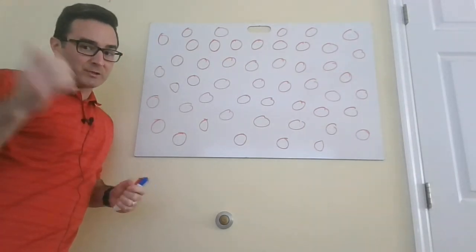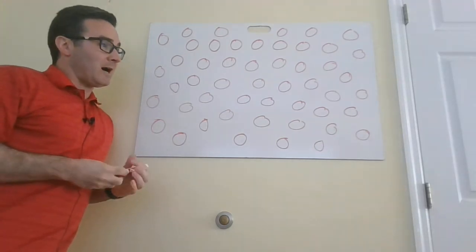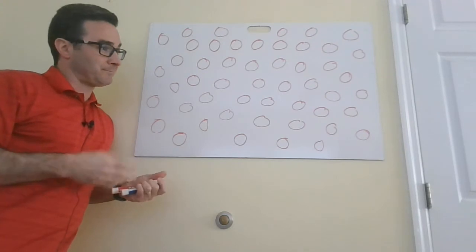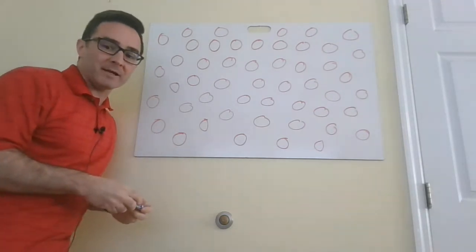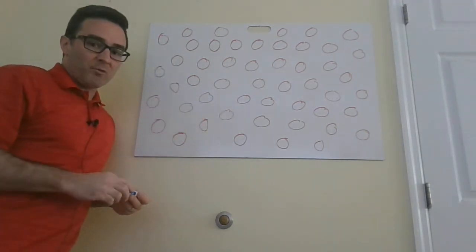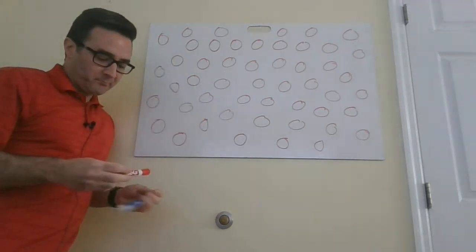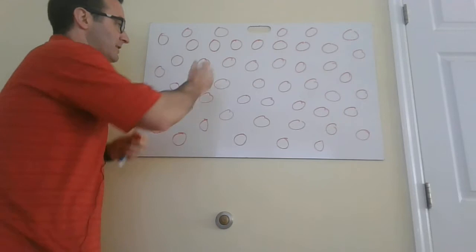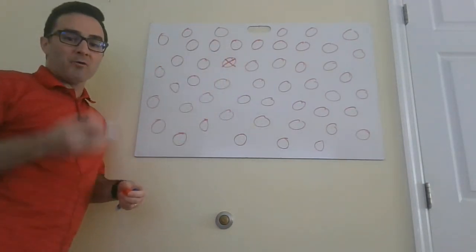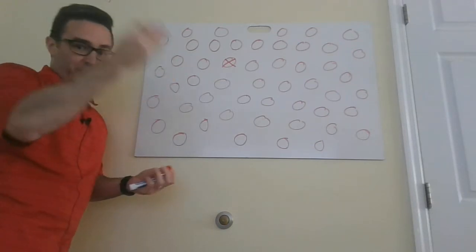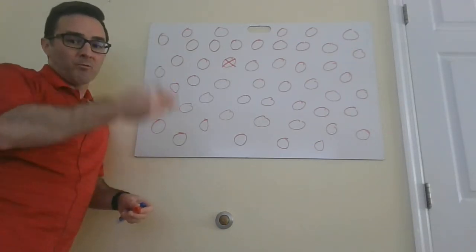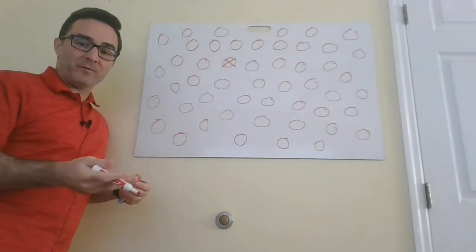Let's say there's a particular disease, and if we put an X in one of these, that means the person has the disease. So arbitrarily, I put an X here. Now that person has this form of cancer. There were 50 people, one now has it. That's 1 in 50.